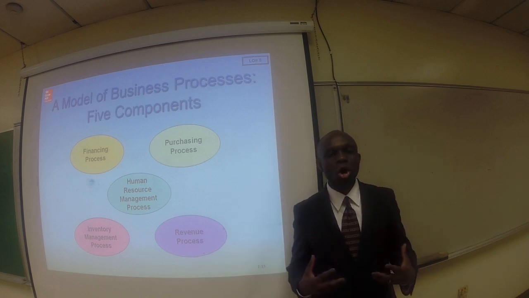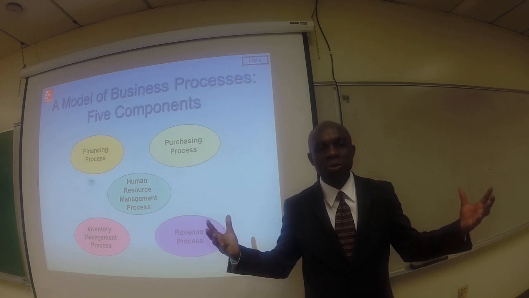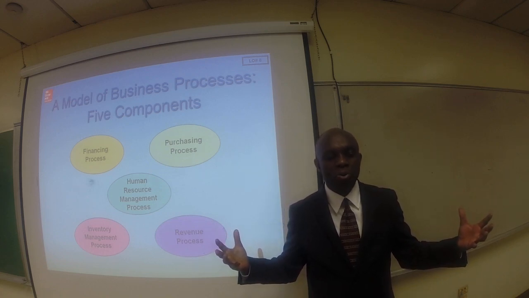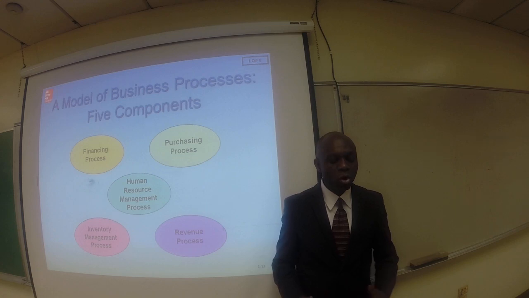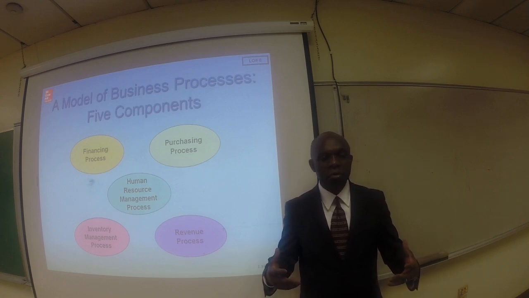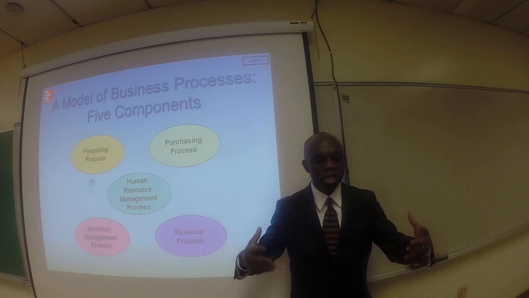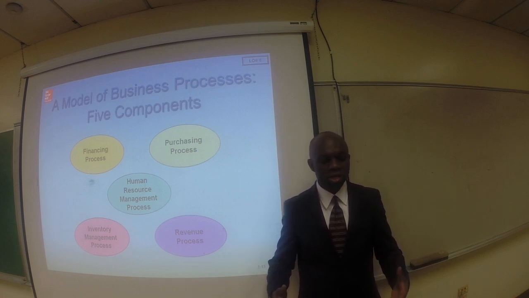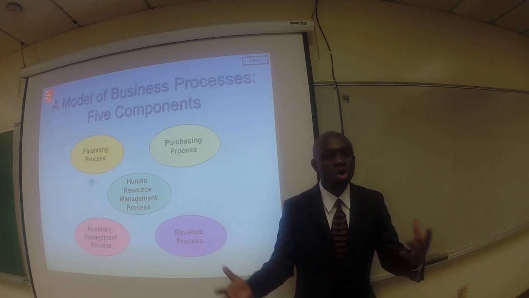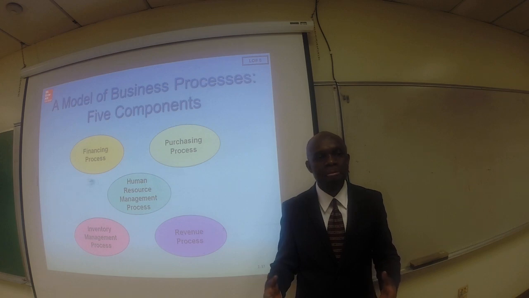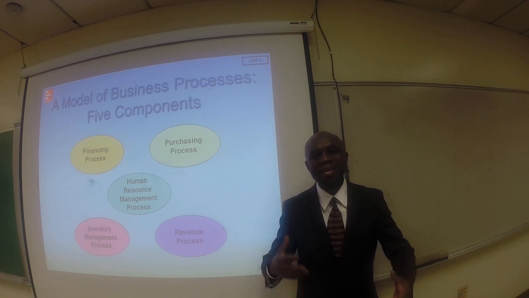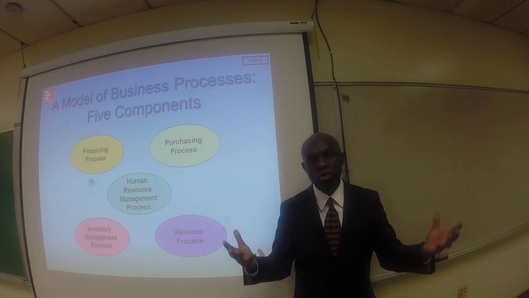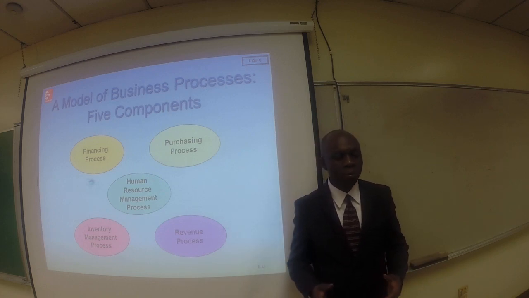Number 2, by the time you obtain all the financing that you need, assuming that you need $500 million to operate the company, then you have to go ahead and engage in the purchasing process. In other words, buying goods that you are going to be selling or putting things in place to provide services for your customers in order for you to create value for the company.